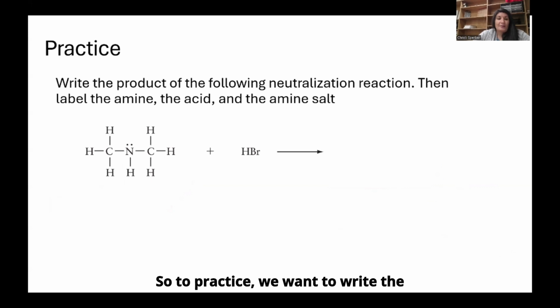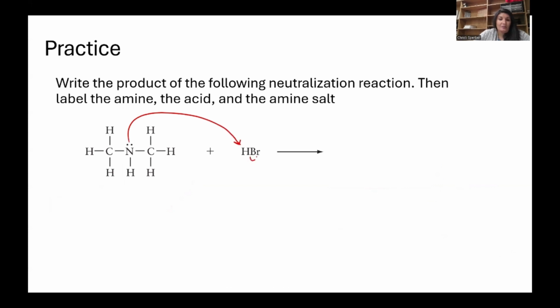So to practice, we want to write the product of the following neutralization reaction and then label the amine, the acid, and the amine salt. So go ahead and pause the video, and when you're ready, we'll come back and do it together. So the first step in this is the nitrogen wants the hydrogen because we're going to make a nitrogen-hydrogen bond.